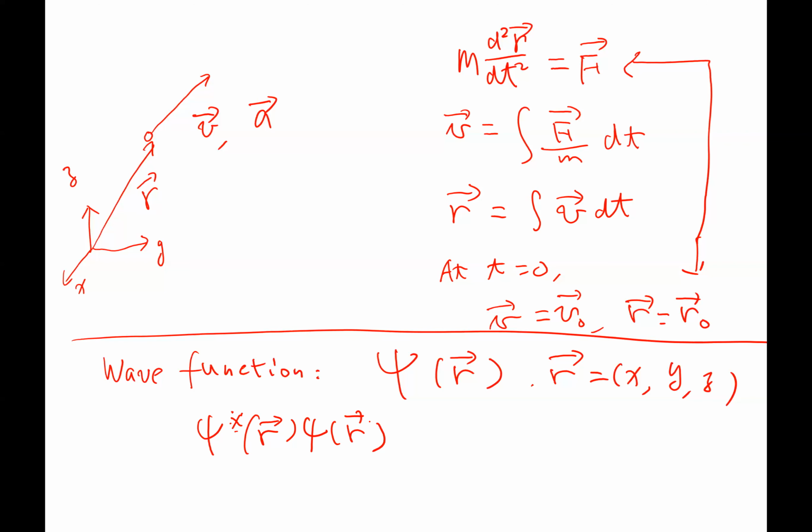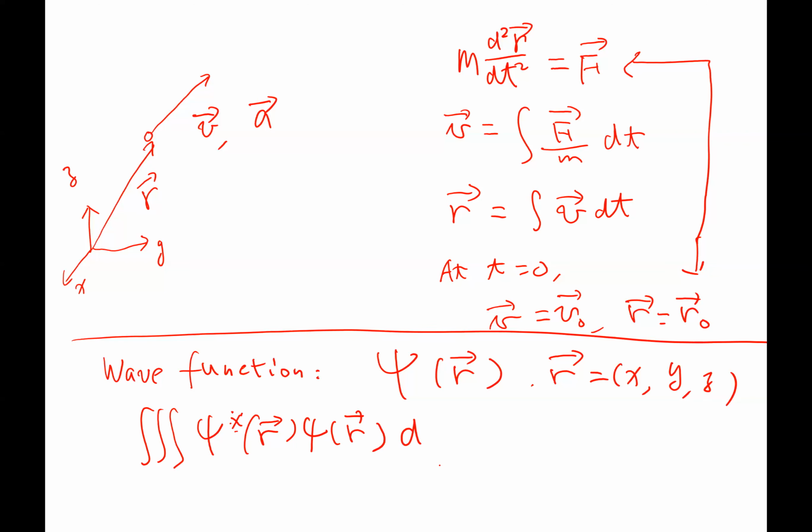Now, since this is a probability distribution of electrons in space, if you integrate this over the entire space, this should give you unity.